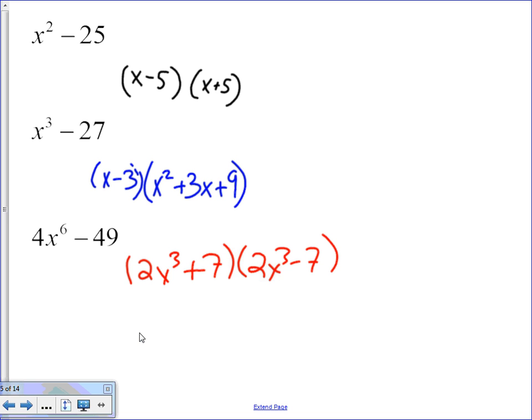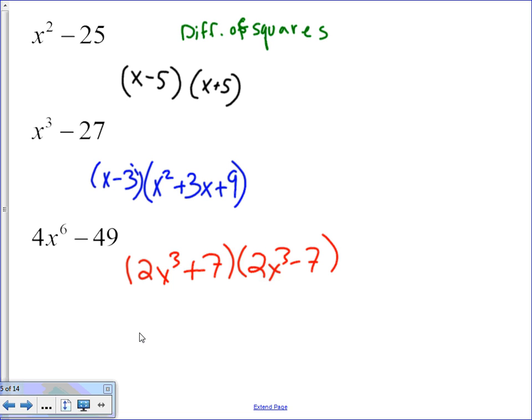Okay, excellent work. So I've got TJ, Hannah, and Andrew offering some ideas for us. TJ, you decided this was what kind of special factor pattern? Difference of squares, sum of cubes, difference of cubes. Yes, this is a difference of squares.